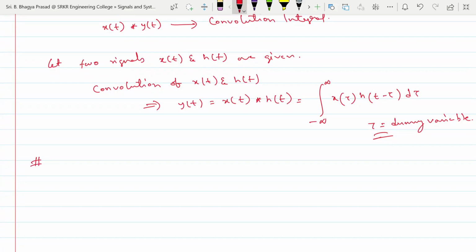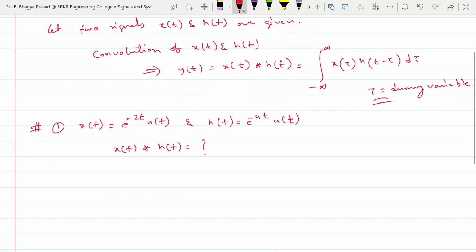Consider a signal x of t, let x of t be e power minus 2t u of t, and h of t is e power minus 4t u of t. So let us find the convolution between x and h. Before going for the convolution, let us draw the plots of x of t and h of t.